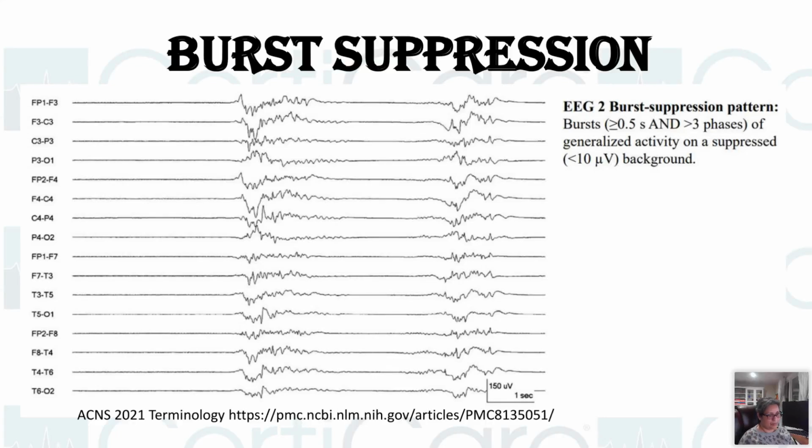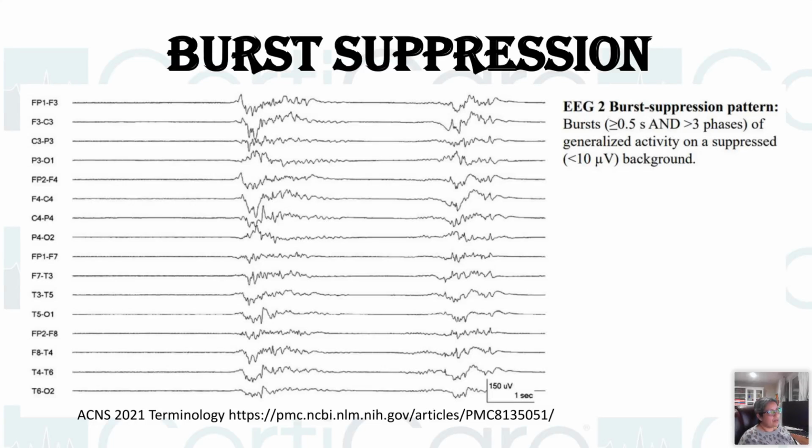burst suppression. Here you will see bursts are longer than half a second. They have more than 3 phases. And in between the bursts, the cortical activity is suppressed, and the voltage there is less than 10 microvolts.